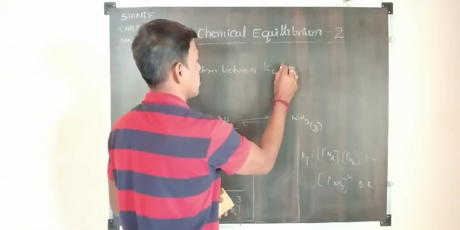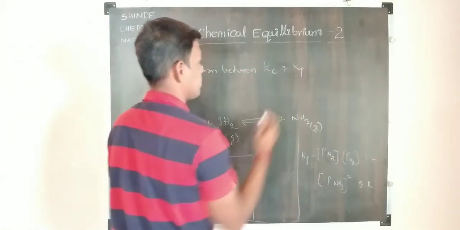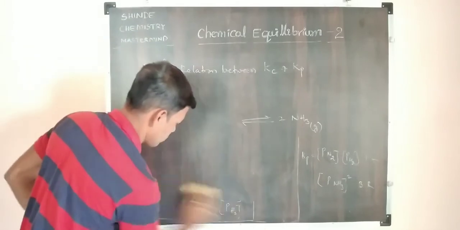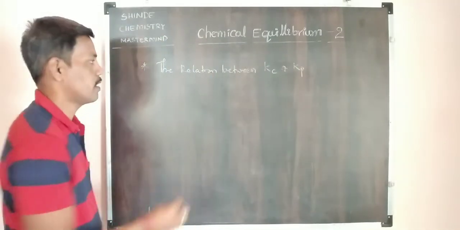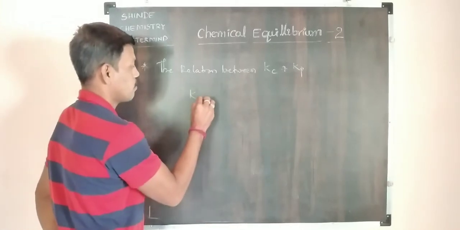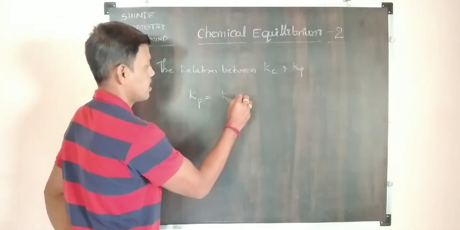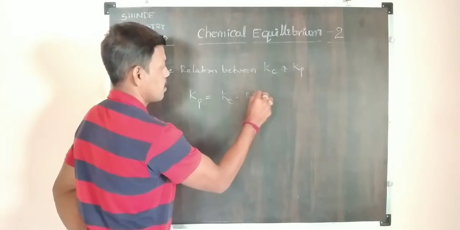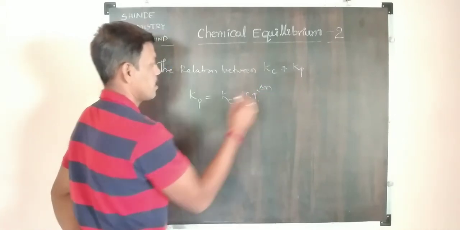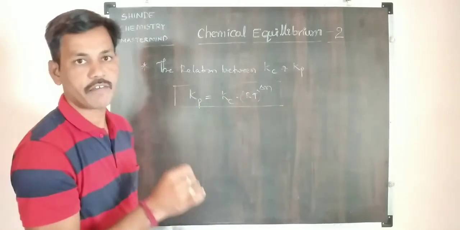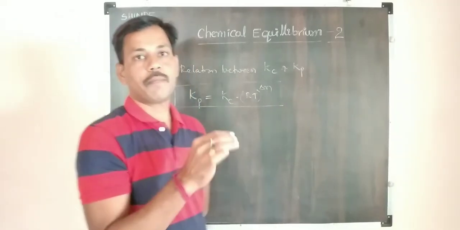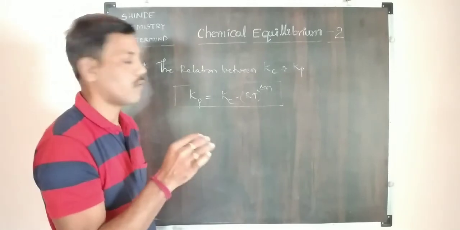Kc and Kp. Now Kp is equal to Kc into (RT) to the power delta n. So this is the formula, the mathematical formula in which the Kp and Kc relation is involved.